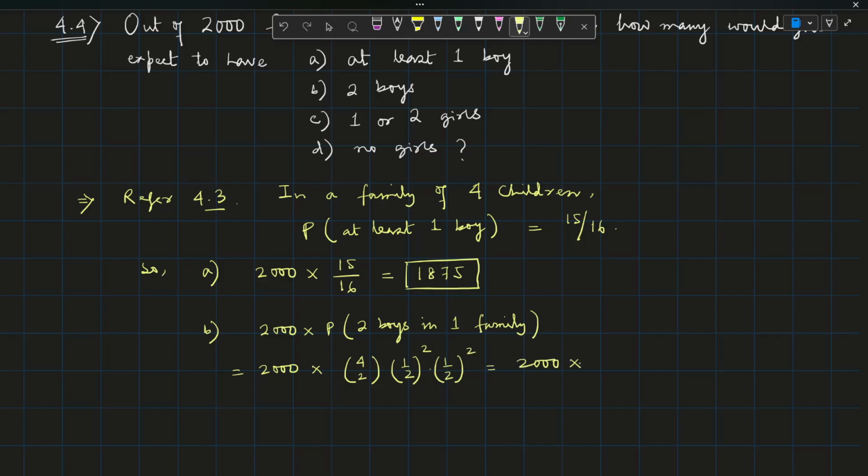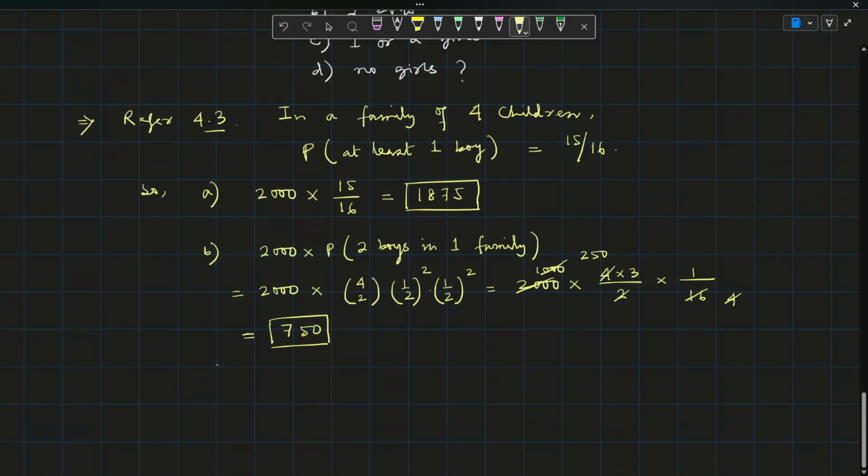Upon calculation it will be 2000 into 4 into 3 by 2 into half to the power 4, which is 1 by 16, and this is 125, sorry, 250, and this is 750. The answer to B is 750.